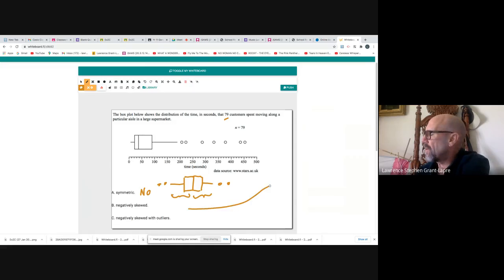Negatively skewed would have a box plot up here. No, you get a lot, you get a few, and then you get a lot.